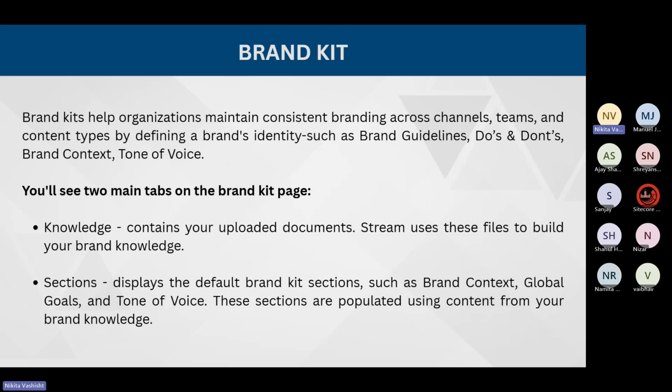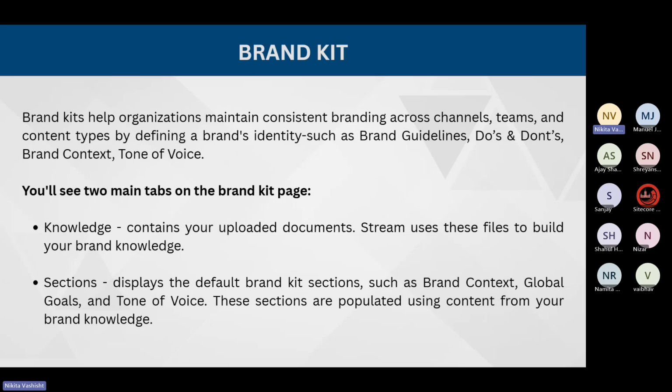What happens over there is all the information relevant to a specific brand is taken out from the uploaded documents, and this information is then added into different brand kit sections. Those sections include brand guidelines, do's and don'ts, brand content, and tone of voice.